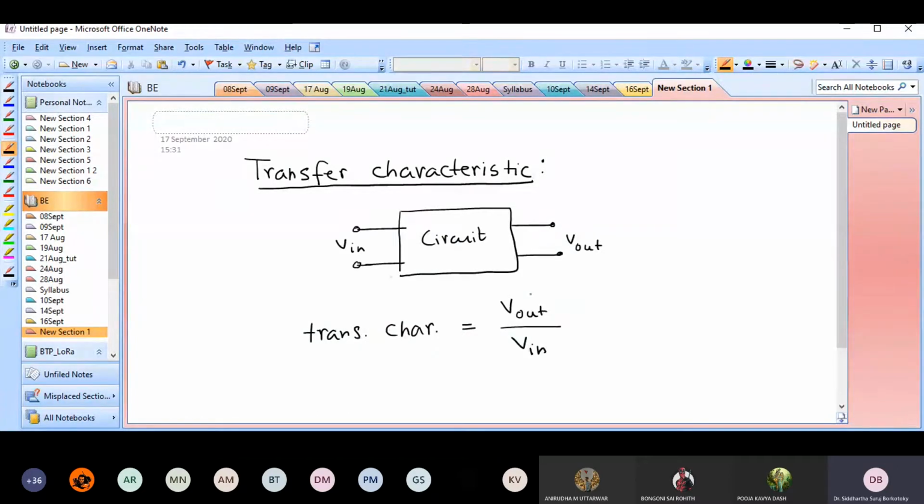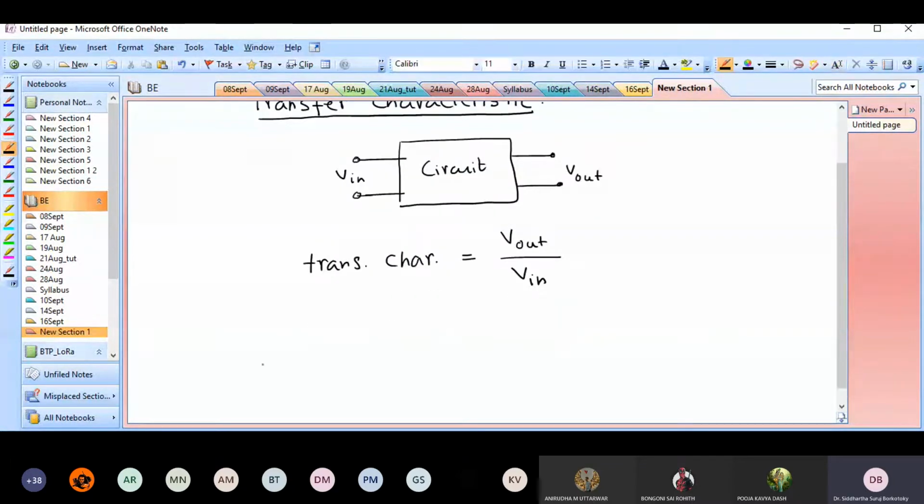If you remember our discussion of filters, there we had something called the transfer function. I said that the gain of the filter is nothing but the magnitude of the transfer function. So you might ask, how does transfer function differ from the transfer characteristic? Well, transfer characteristic, usually we would like to evaluate in the time domain.